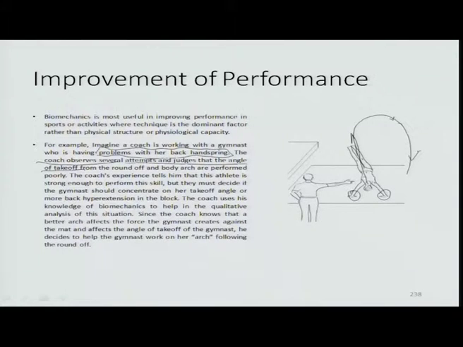The coach observes several attempts and judges various things like the angle of takeoff of the particular gymnast, or all the way from round off to the body arch, what the body movements are which are performed, and which are the areas which need attention where performance is poor.